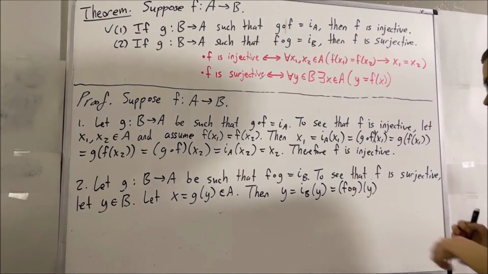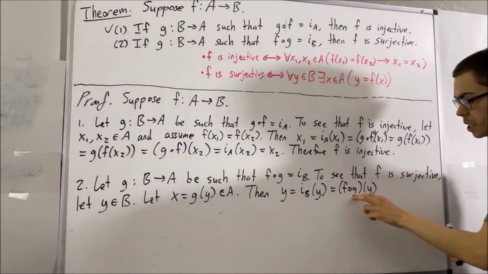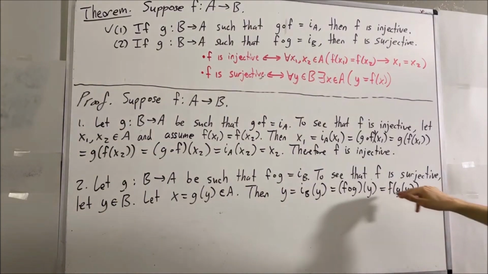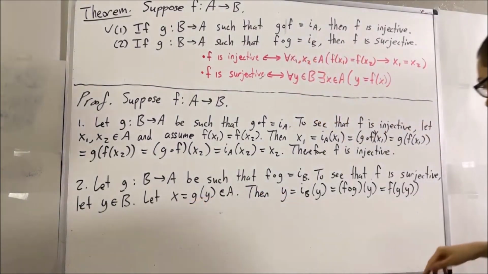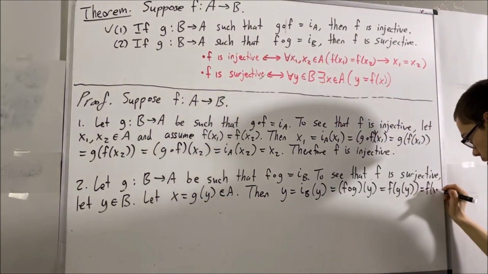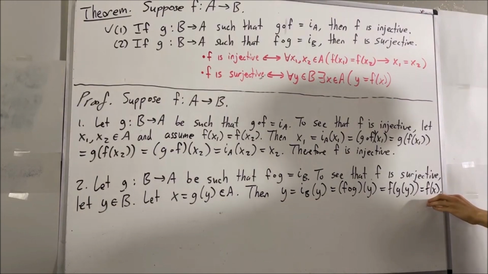But from composition of functions, we know that f compose g of y is the same thing as f of g of y. But now, since g of y is equal to x, it follows that we can replace g of y here with x. And we get that y is equal to f of x.